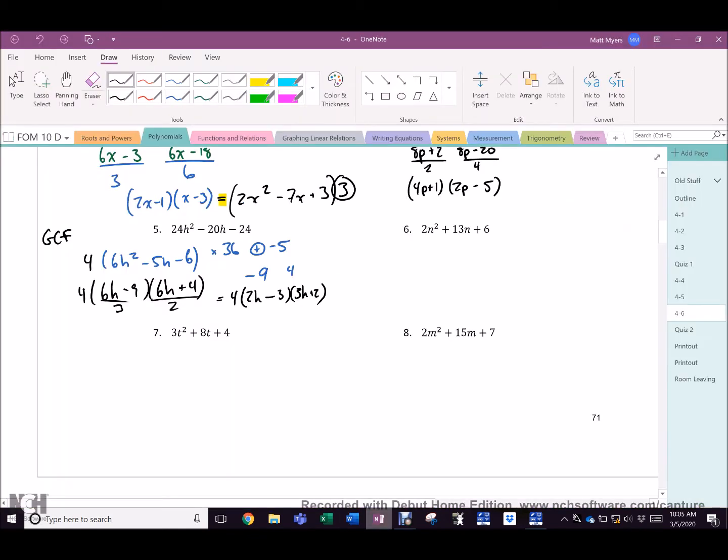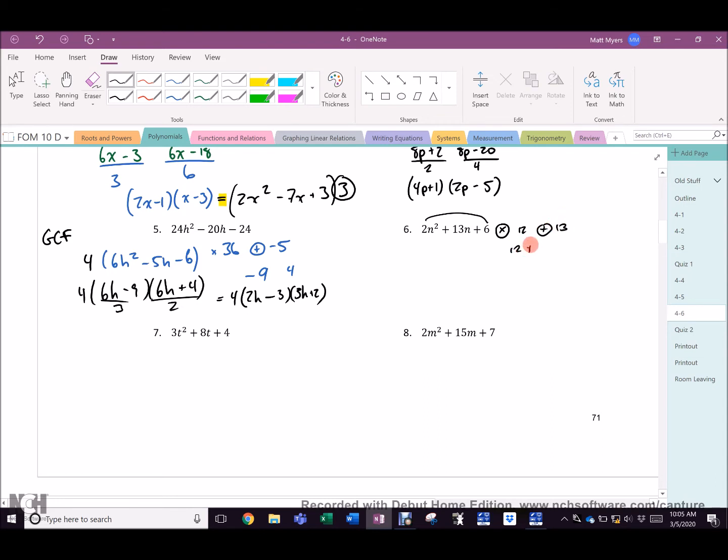So, let me get this just set up just right. There we go. So I need to multiply to 12 and add to 13. What is it? 12 and 1.